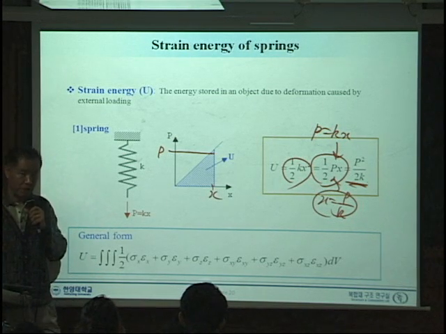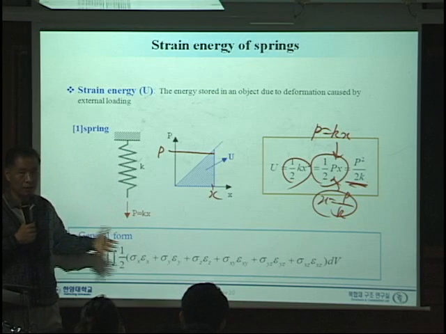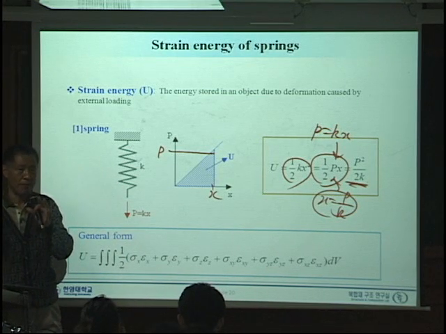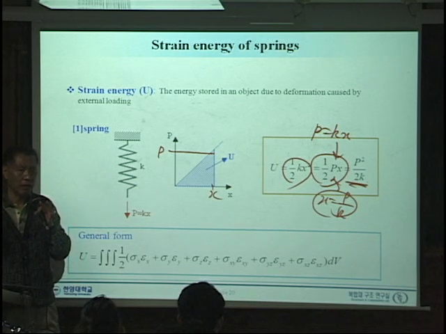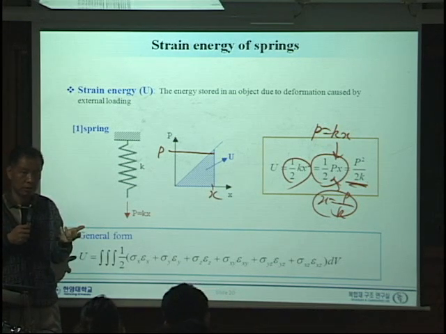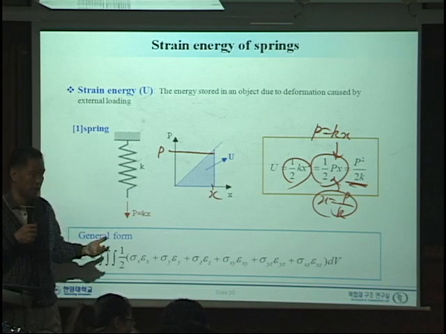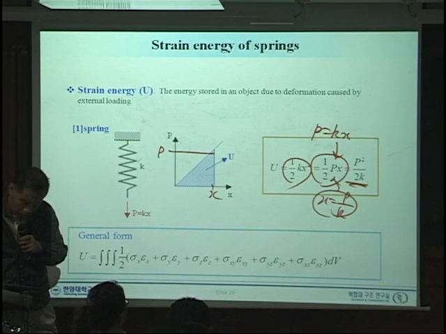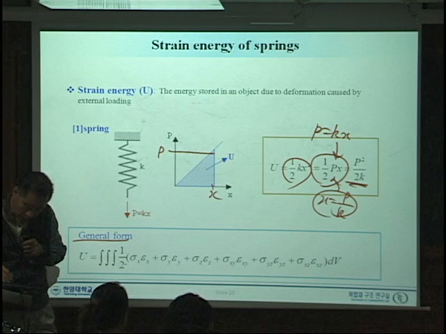And now, this is the spring. Now, how about the elastic body, or a beam, or a shaft, a bar? What kind of energy will be stored in an elastic body? Well, simply the form is given like that.